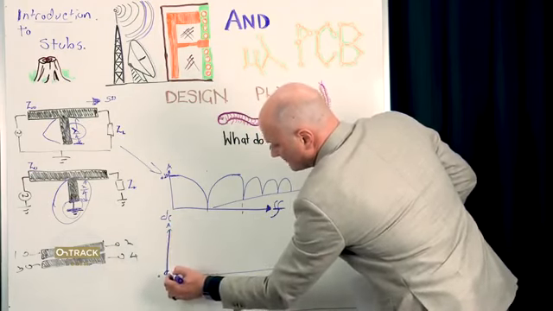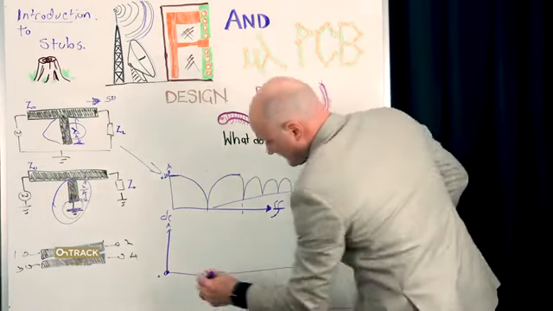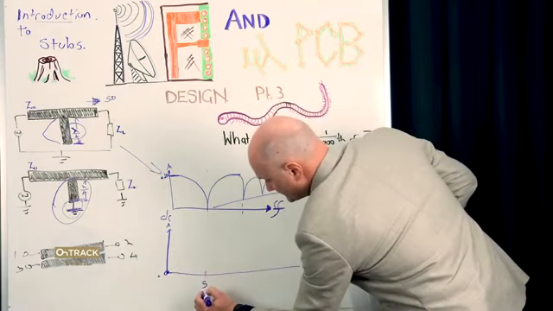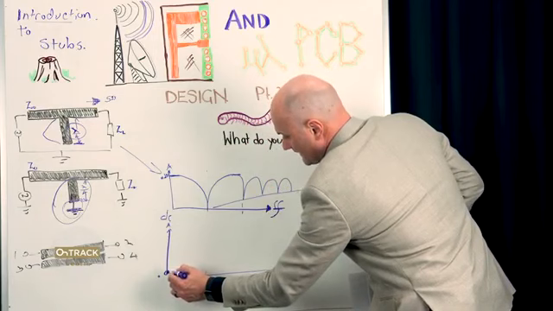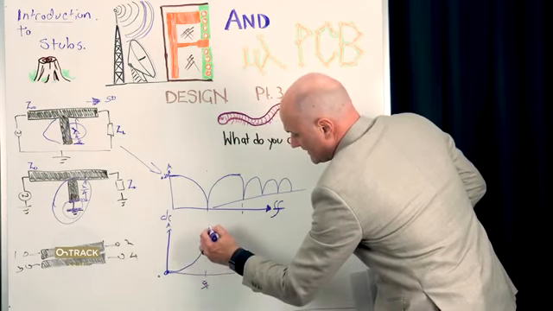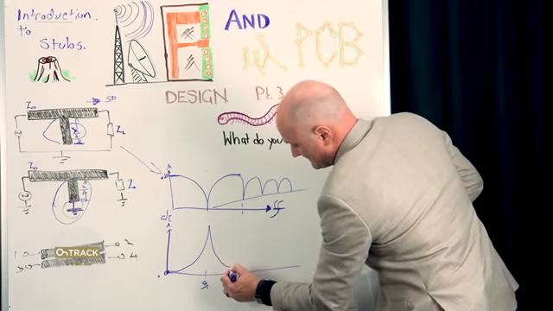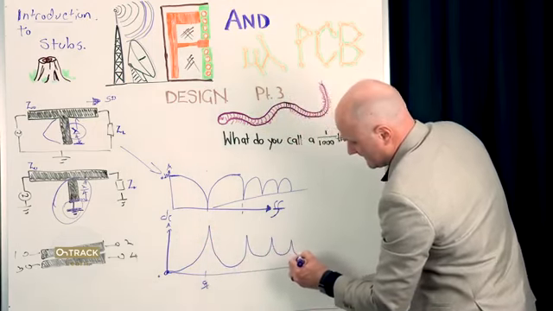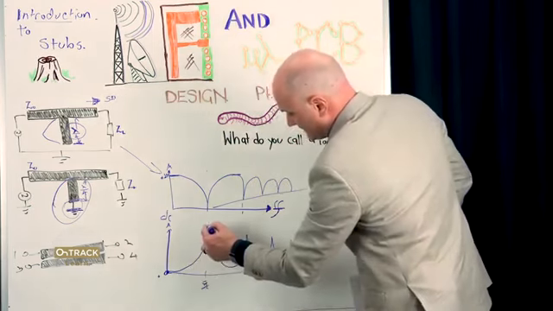At DC we're at 0, because that's a dead short at DC, right? And then at some frequency, our frequency of interest, it behaves as an open circuit. So it's got the opposite shape. And then the same thing happens again. It repeats at those multiples of the quarter wavelength.